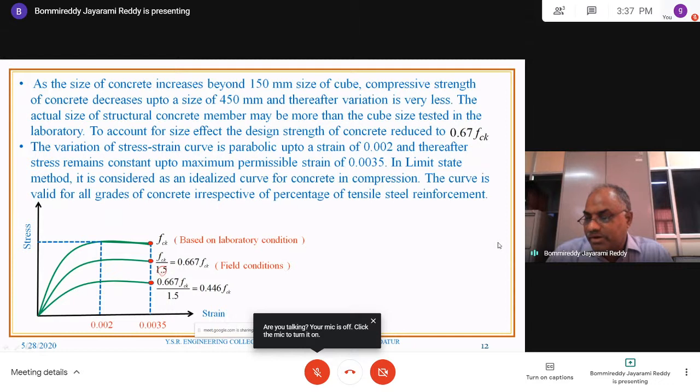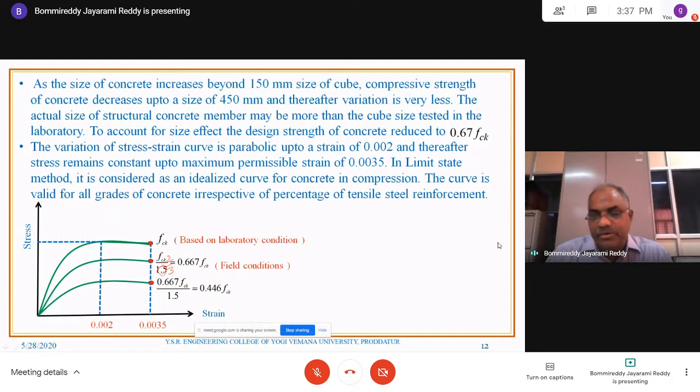We should not write it like this. It is actually 2/3 of fck, since 3/2 means 1.5. So 2/3 of fck is 0.67 fck, and this is the field condition. After introducing the partial factor of safety 1.5, you will get 0.446 fck, which is otherwise taken as 0.45 times fck.